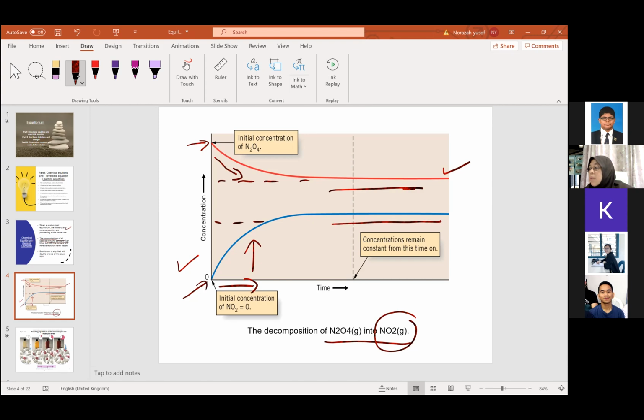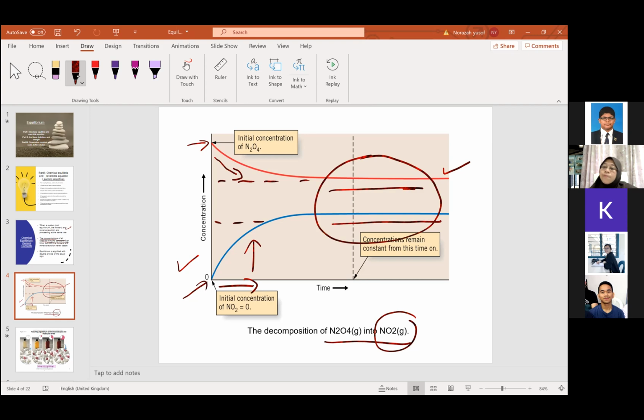And this is what we call equilibrium. It means that the rates of the forward reaction and backward reaction are now the same, so the ratio of the concentrations of reactants and product will remain the same.